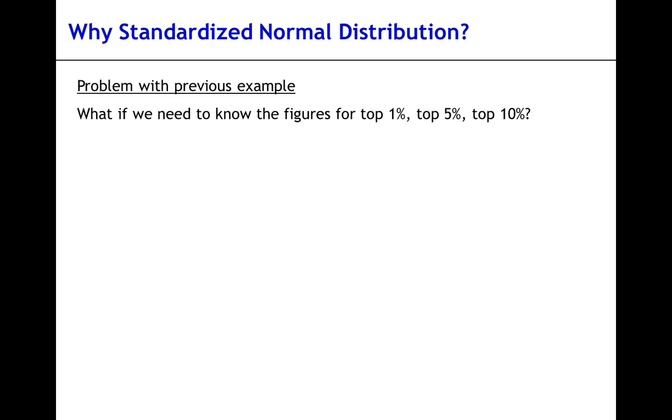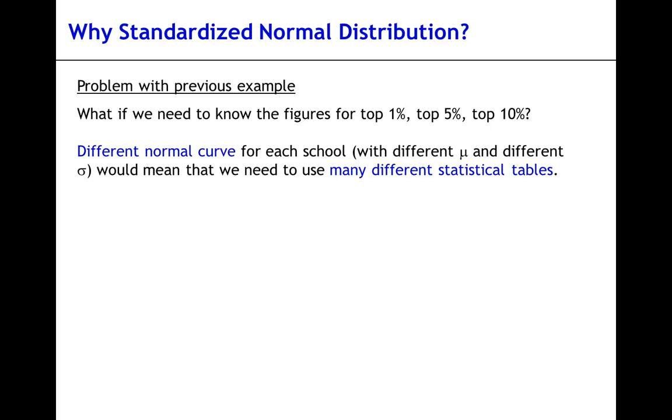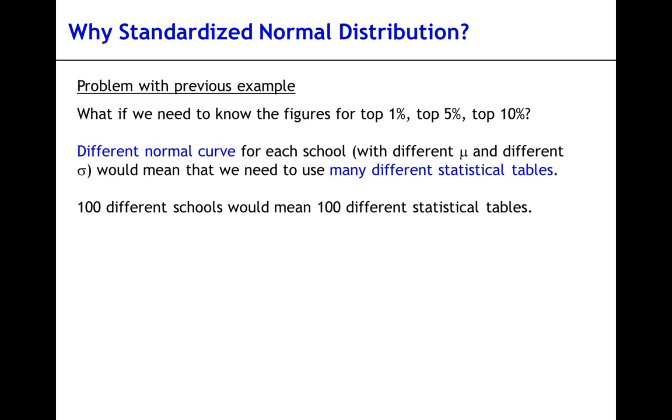Different normal curves for different schools with different mu and different sigma would mean that we need to use many different statistical tables. If we have 100 schools, that would mean 100 different statistical tables. This can be very tedious and error-prone. Is there a way out of this?